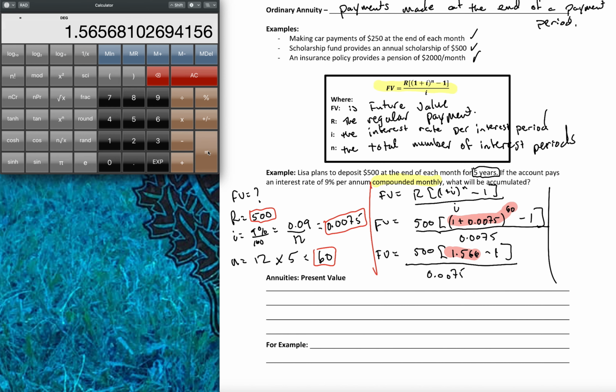So let's take a look at, so let's just do the math on this. So 1.566 minus the 1 is just going to be the 0.566, right?